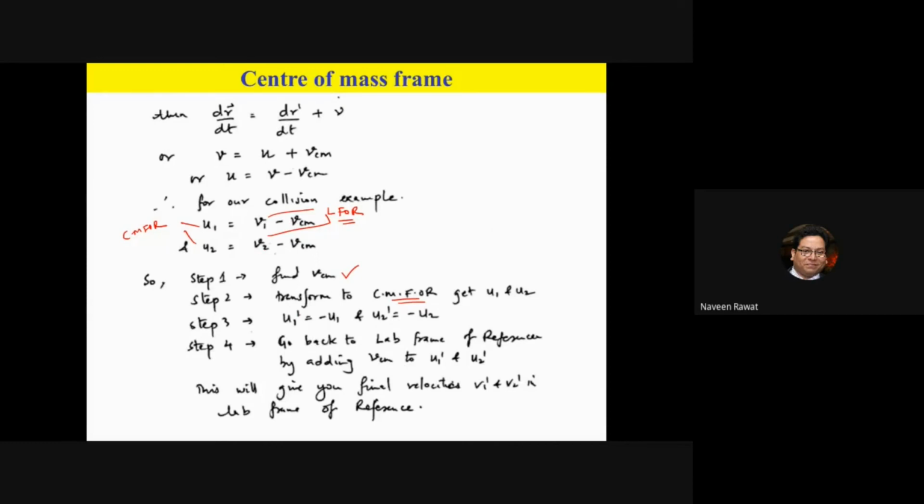Once you have u1 and u2, you simply know that the final velocities of these objects will be negative and the same value. And there you go. Now you have the final velocities in your center of mass frame of reference. Once you have those, you can transform back to your lab frame of reference by using the same equation.